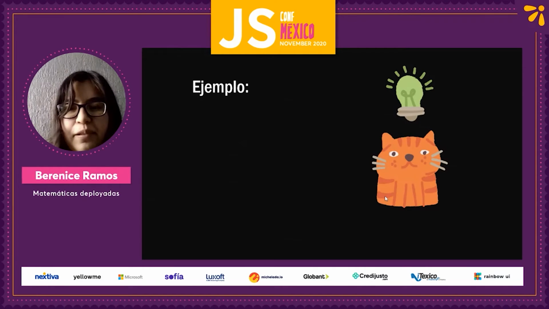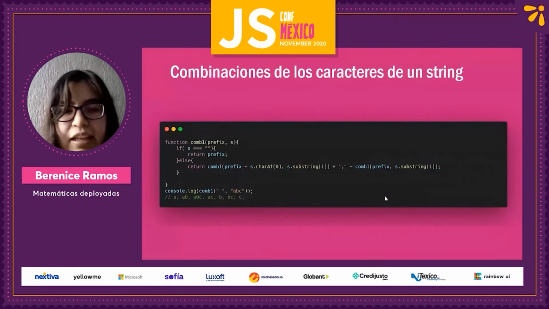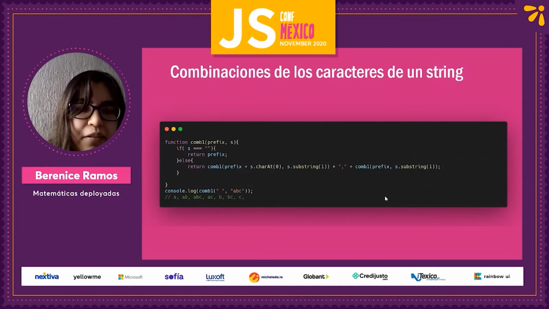So here is another example. It's going to be a little bit more complex, where we have a string. And with that string, we're going to find the combinations that we can make with its characters.